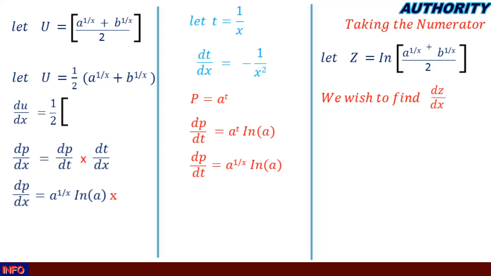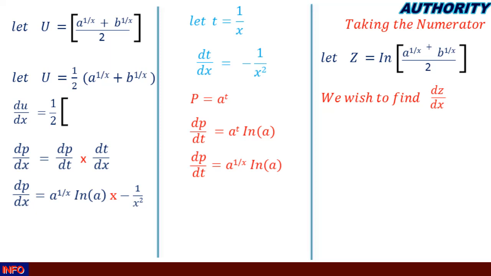All right? Good. Multiplied by, what is dt/dx? The dt/dx is minus 1 over x squared. So when we multiply this together, this is what we have, right? Good. Now look at this. This dp/dx is actually the derivative of a raised to the power of 1 over x. All right? Good.